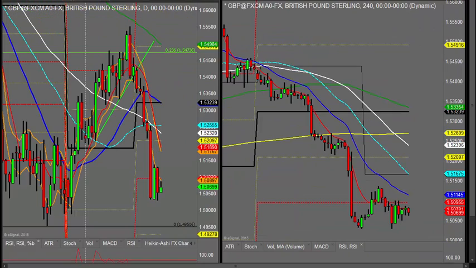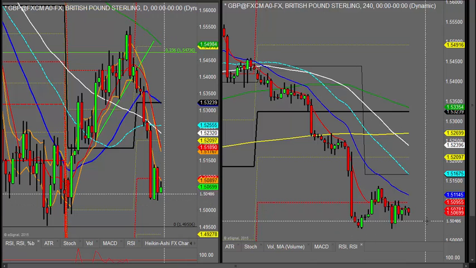Looking then at cable, again daily bars, relatively weak looking situation going on here. It's very, very choppy.